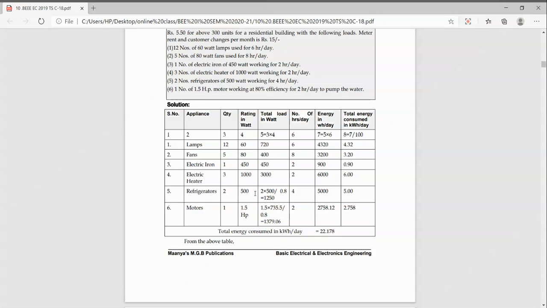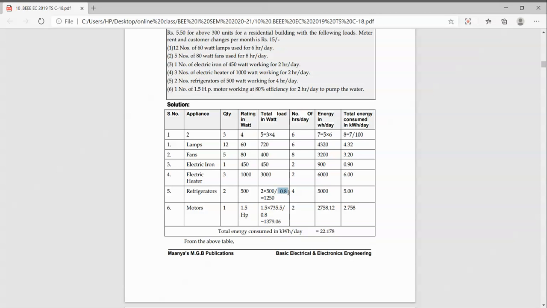And 2 refrigerators, each of 500 watts, working for 4 hours. Here in the book they took an 80 percent efficiency, but here efficiency is not given. A refrigerator is also a motor, so they have considered an efficiency of 0.8 might be.